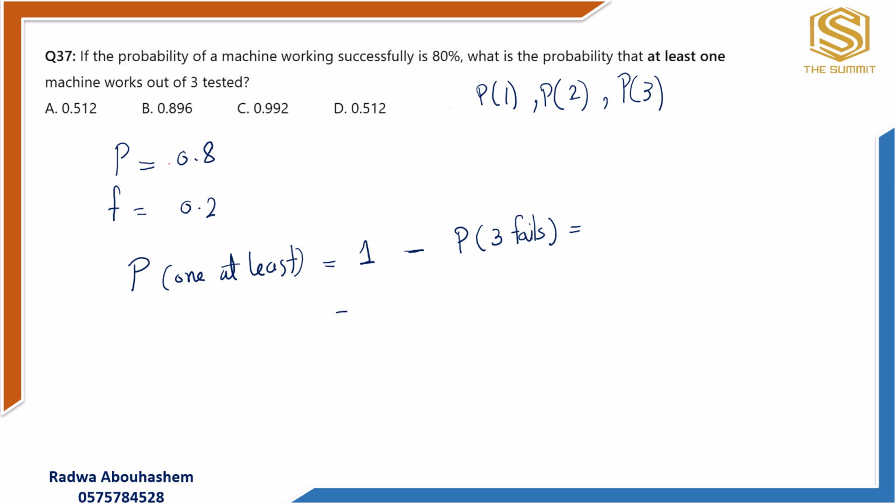So 0.2 times 0.2 times 0.2 gives me 0.008. So 1 minus 0.008 is 0.992.